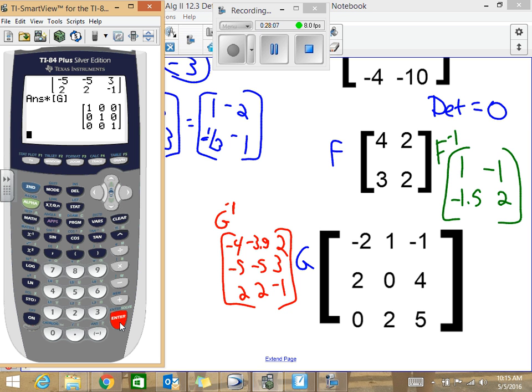On 1, 3, and 5, you're just determining whether they're inverses, so you're just going to multiply them together and see if you get the identity matrix. On 7, 9, 11, and 13, you're just finding the determinant, so you're just finding a number. And on 15 also, you're just finding a number.